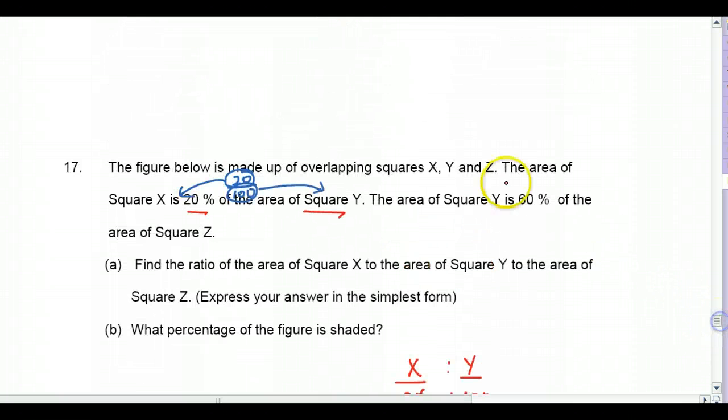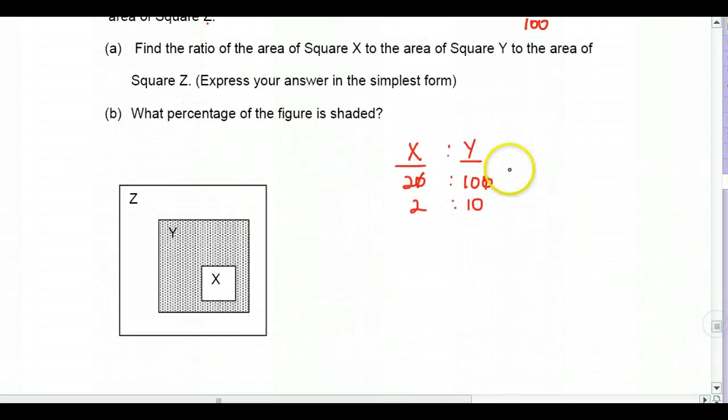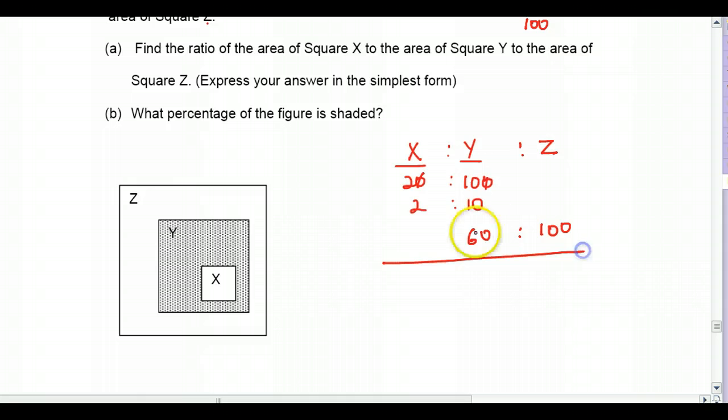Next, area of square Y is 60% of the area of square Z. So here, square Y to square Z, 60 is to 100. So now I make the Y the same, so times 6.